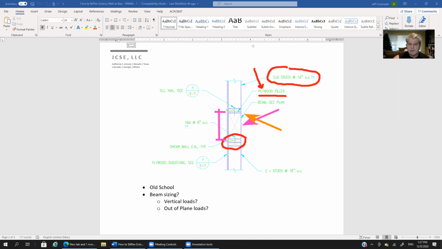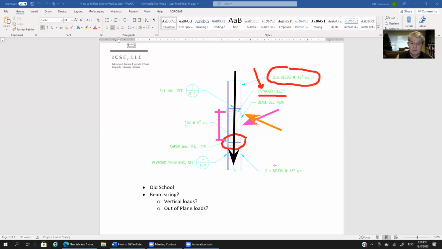Now, as far as the beam is concerned, let's take a look at vertically acting loads. The load from the top stud is going to migrate right through that beam and into the stud below. So really, it's not resisting any force.